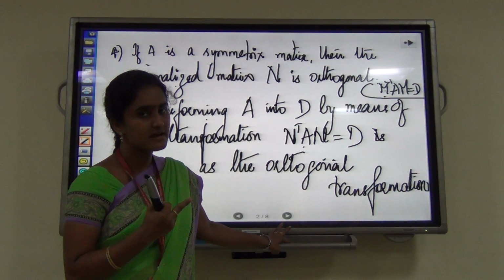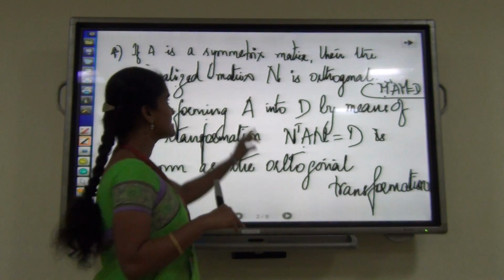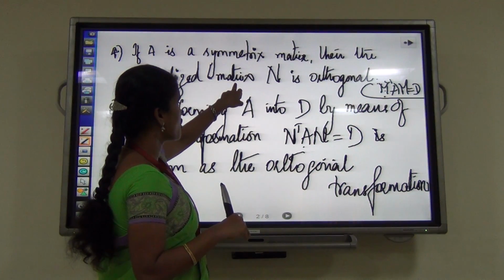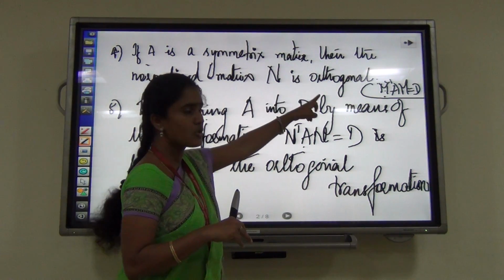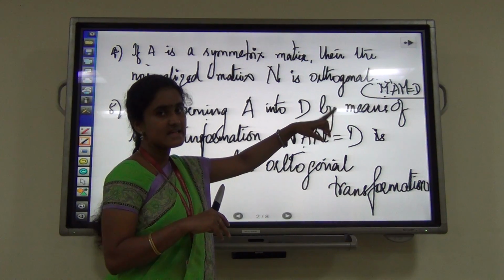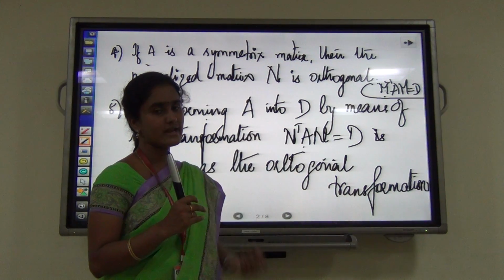So through that similarity transformation, knowing that A is a symmetric matrix and the normalized model matrix N is orthogonal, we say that N transpose is equal to N inverse.